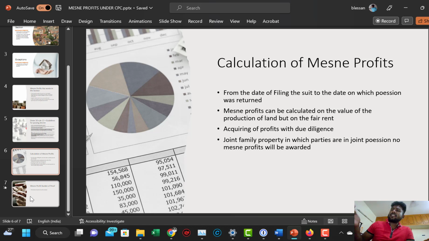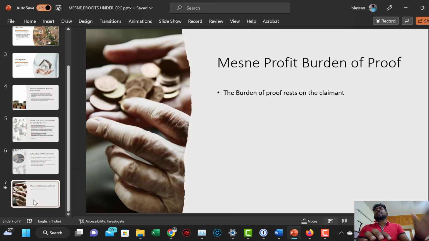In case the property is a joint property and it is in joint possession, then there is no need for the judges to give Mesne Profits. And the final point is that for anybody who claims Mesne Profit, the burden of proof lies on him. It is the claimant who has to show that he is entitled to Mesne Profits.